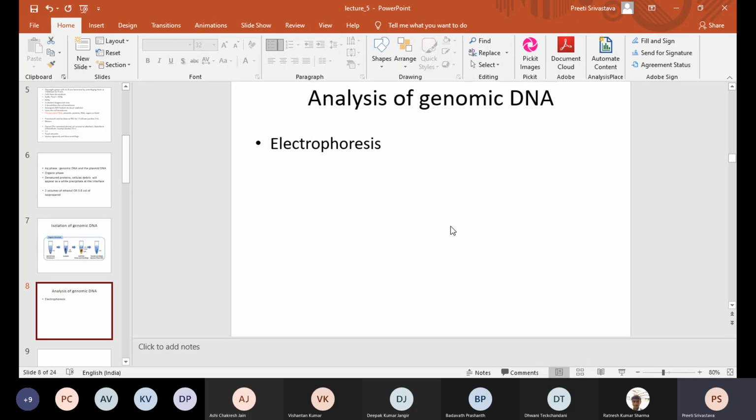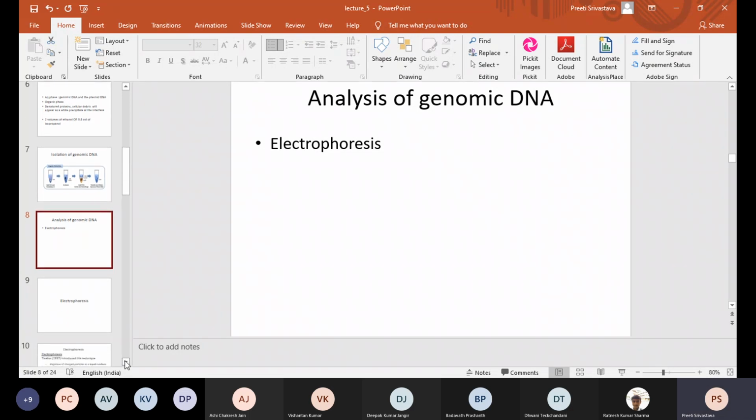Analytical electrophoresis, as the term itself says, is when you are performing electrophoresis just for analyzing the preparation, right? And preparative electrophoresis is when you are performing electrophoresis for isolating, for preparing in large amounts. So that is why there are two terms, analytical and preparative. Accordingly the gels are called analytical gels or preparative gels.